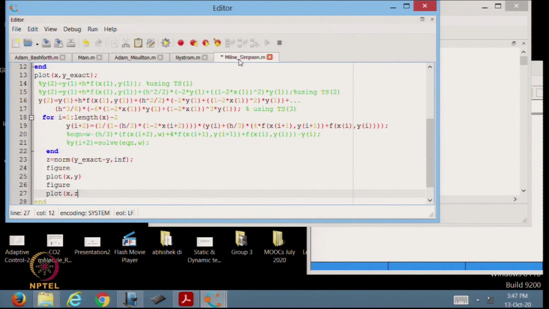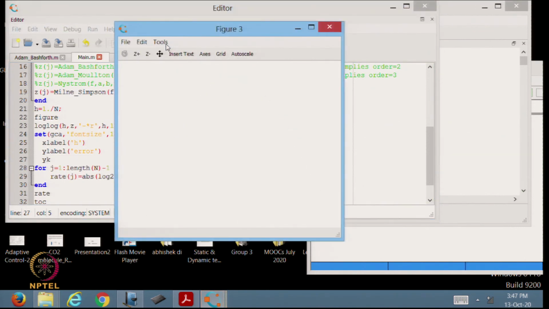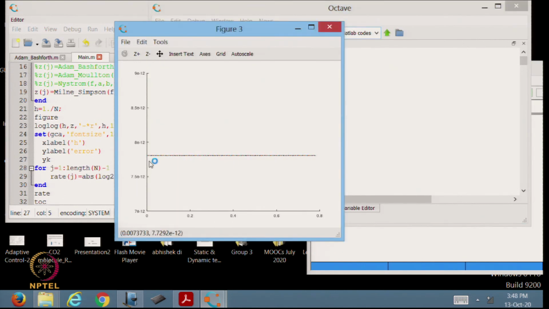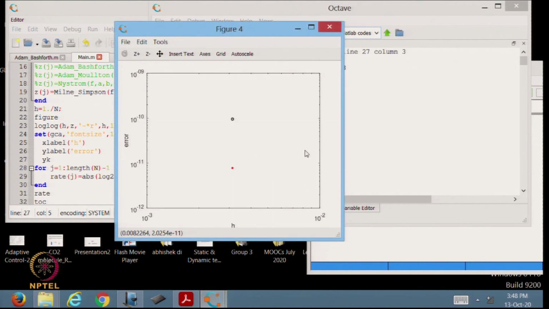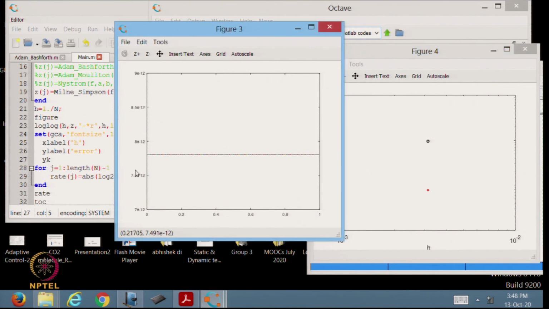X into Z. So, let me run. So that you can see, okay, the magnitude of the error, which is roughly the same because the function is quite smooth.